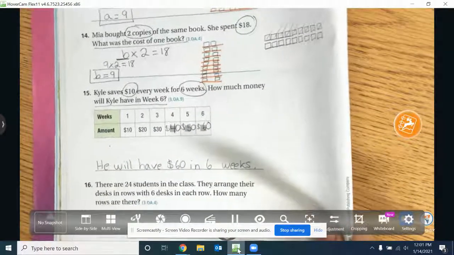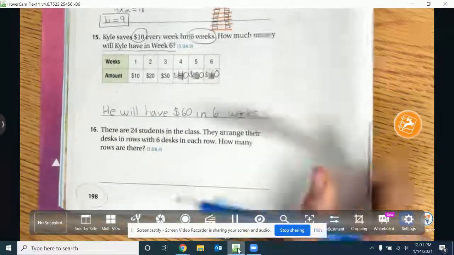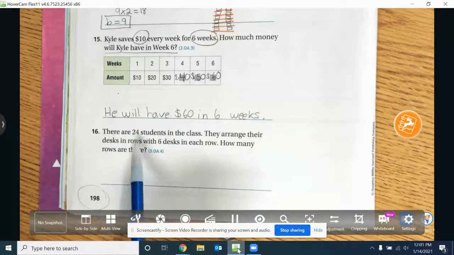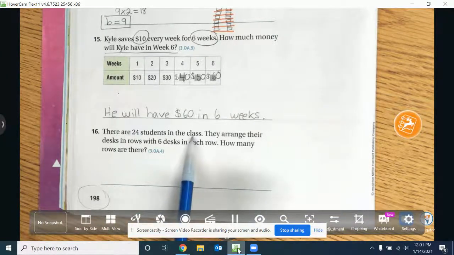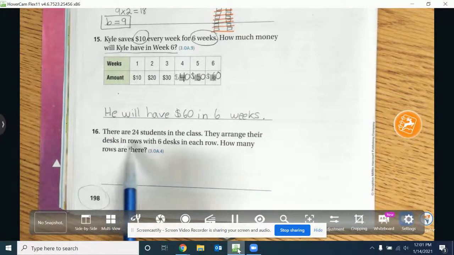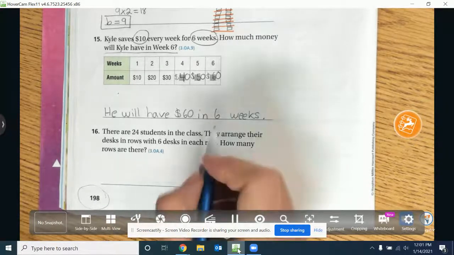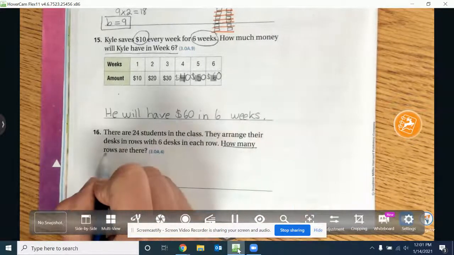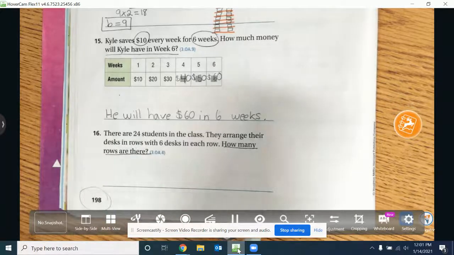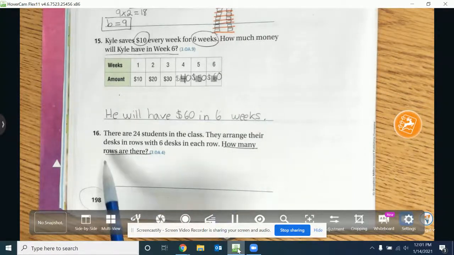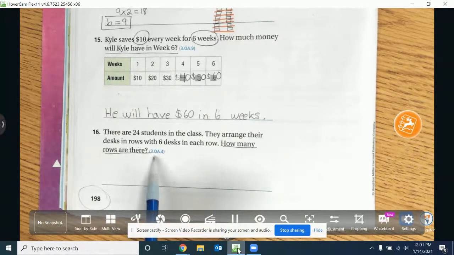Let's do the last problem, number 16. There are 24 students in the class. They arrange their desks in rows with 6 desks in each row. How many rows are there? Let's underline the question, circle our information. Question: how many rows are there?